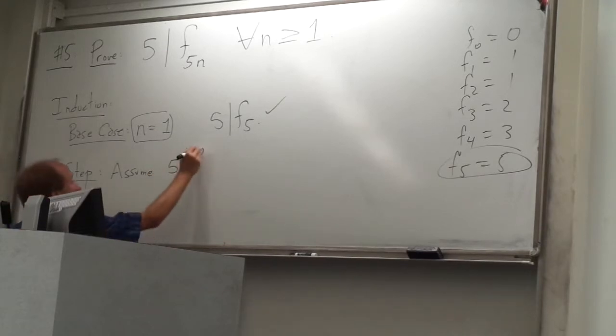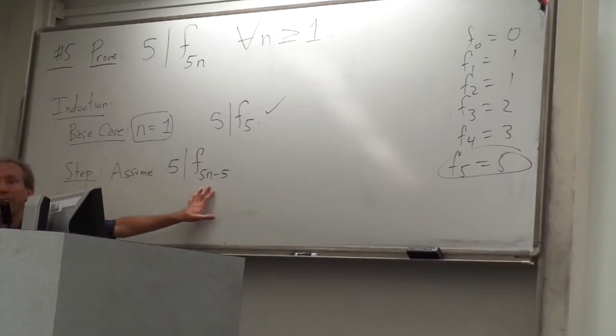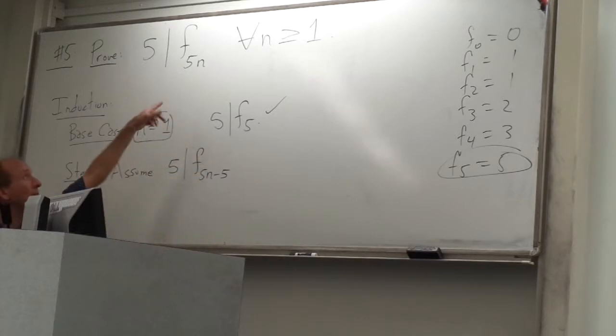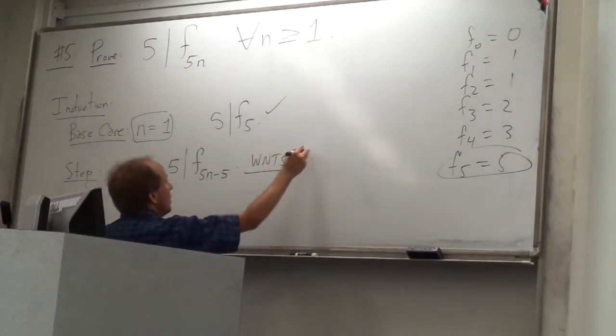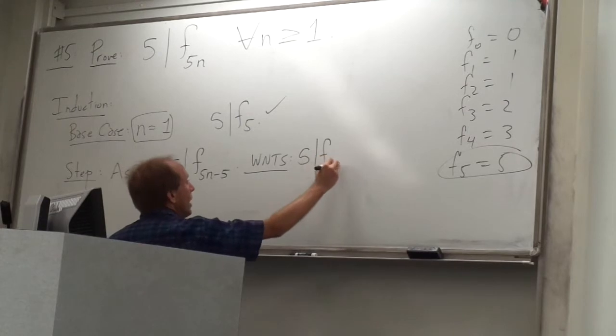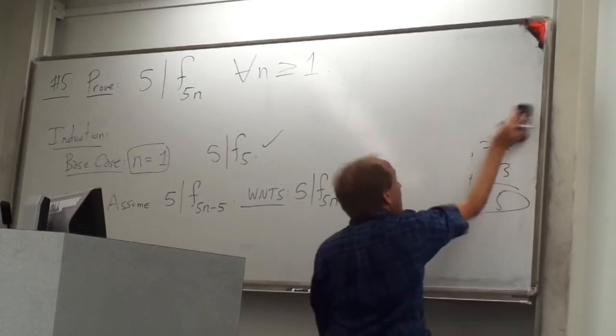So I'm going to assume that 5 divides f sub 5n minus 5. Does everybody see where I got 5n minus 5 from? I replaced n with n minus 1 and just simplified it. So I'm just going to assume that. Okay? And then we need to show that 5 divides f of 5n. Okay. So this is where we are at.